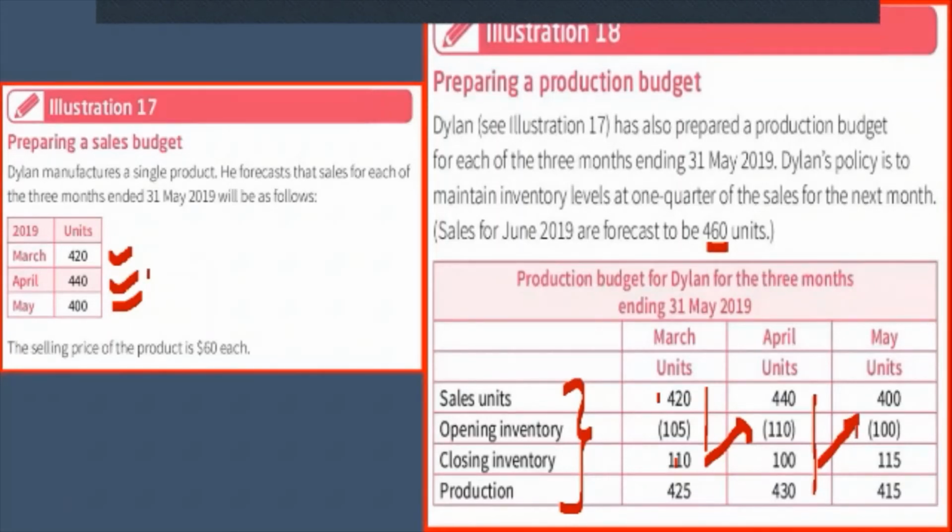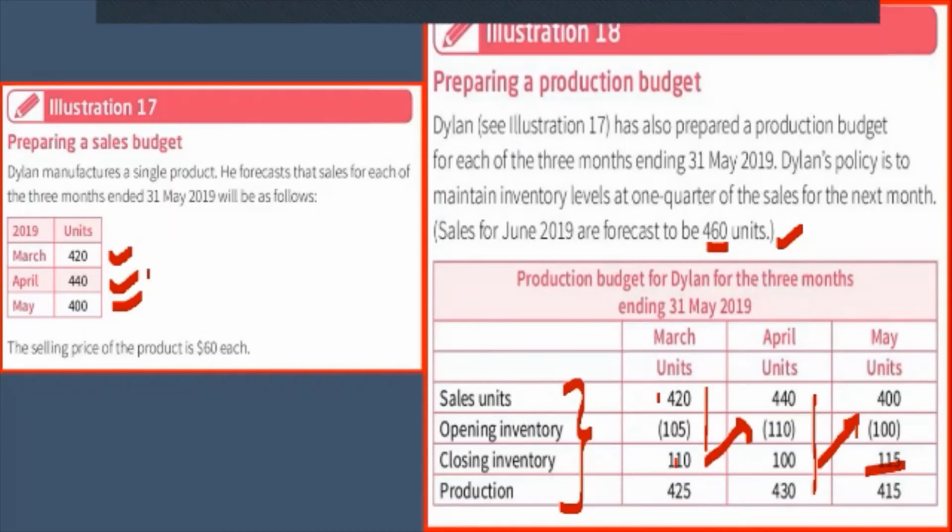And the 115 is a quarter of the 460 here. That's for June. If you had a column for June, you would have had 460 up there. It becomes 115, a quarter of it here. So we get 415 at the bottom here.